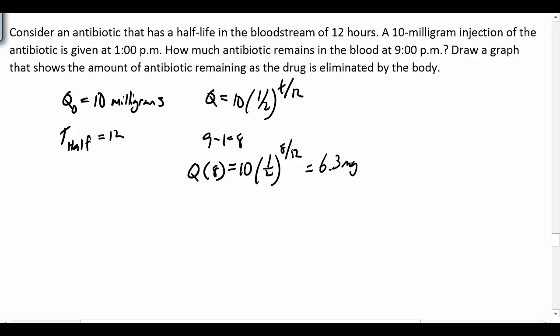Then we're asked to draw a graph of some kind. So let's list out our ordered pairs. We have 0, 10. It said it took 12 hours for half of that, so at 12 hours we're at half of 10, which is 5. Another 12 hours, so at 24 we're at half of that, so that's 5 halves or 2.5.